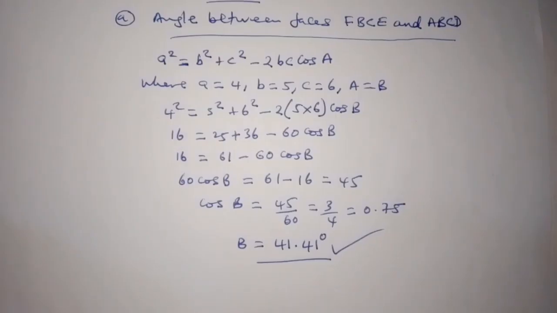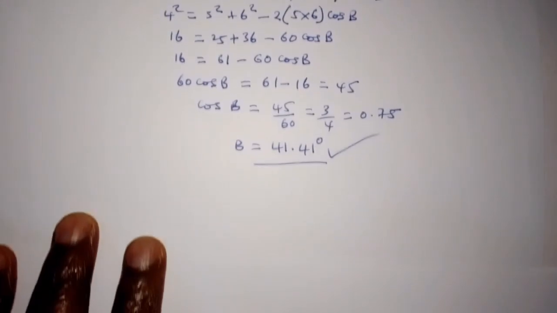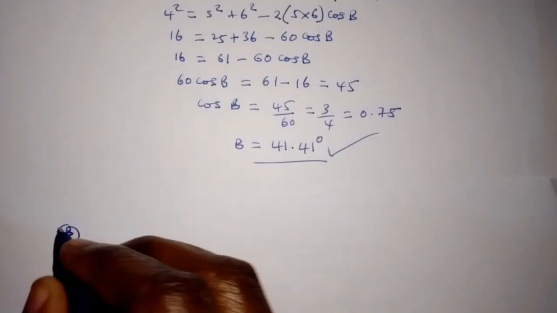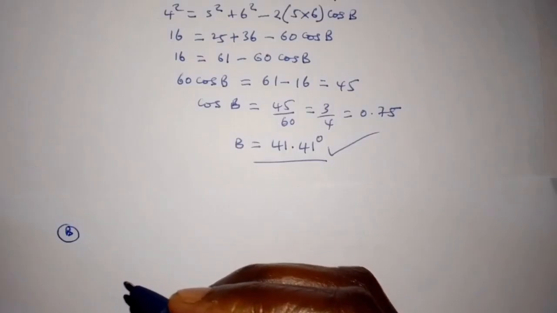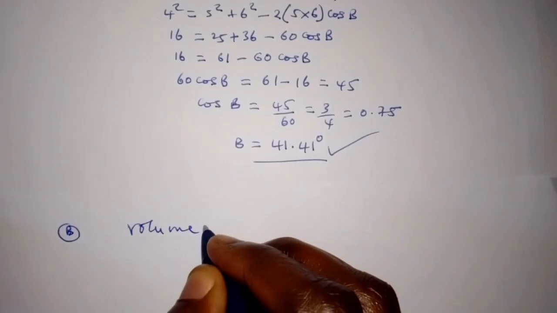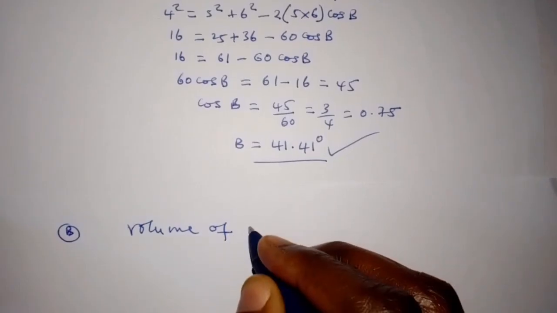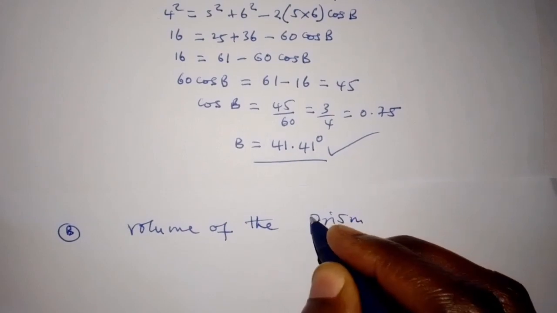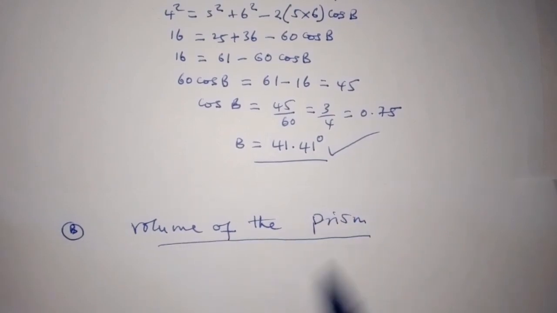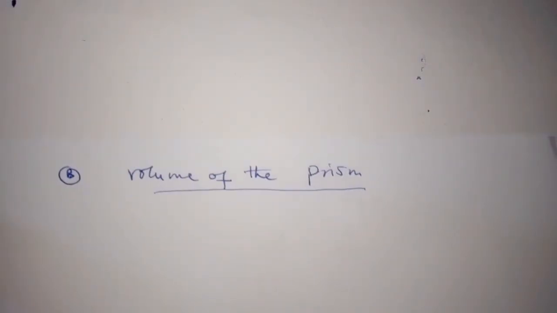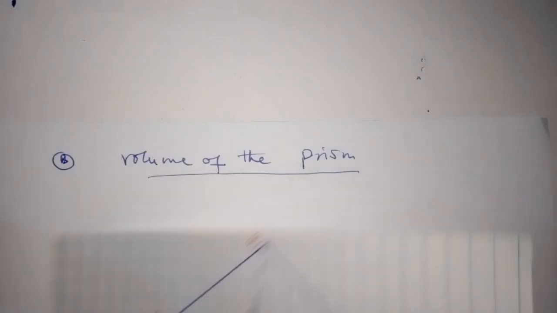Now we can handle part B. How can we find the volume of the prism? We can draw another diagram.